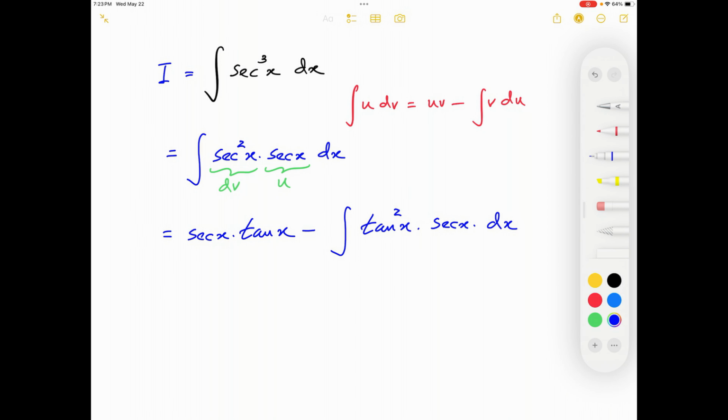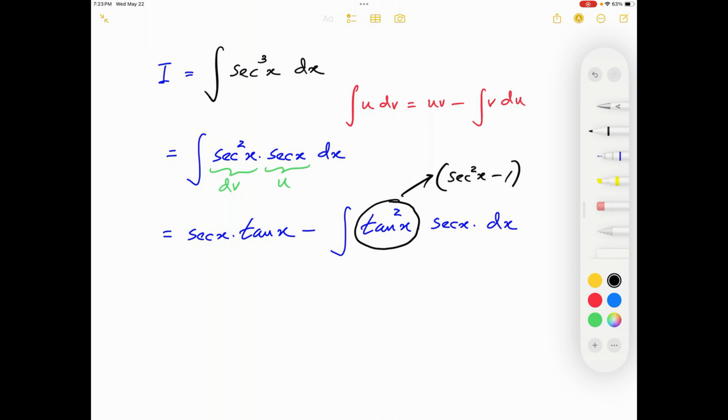Alright. Now, in the next step, we are going to replace the tangent squared x term using the second of the three Pythagorean identities from trig. We know the second of the three Pythagorean identities is tangent squared x plus 1 is equal to secant squared x. From that, I can write tangent squared x as secant squared x minus 1.